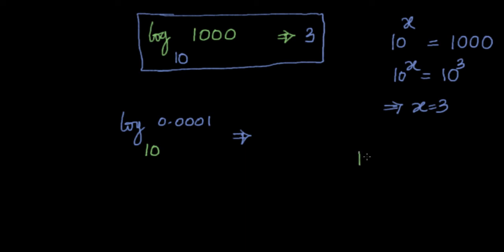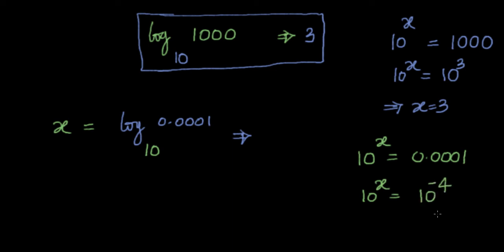If this logarithm is equal to x, then 10 to the power of x is equal to 0.0001. Now how can I write that? 10 to the power of x equal to 10 to the power of, can I write it as -4? So x equal to -4. So the logarithm of this is equal to -4.